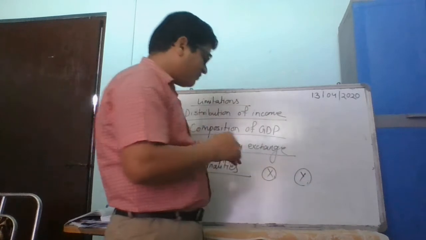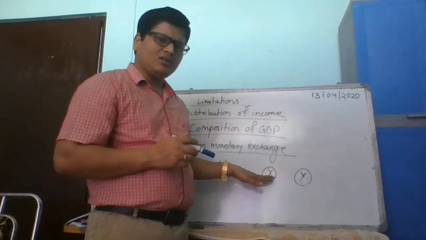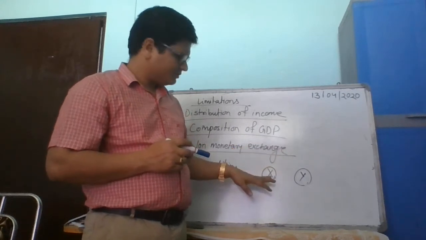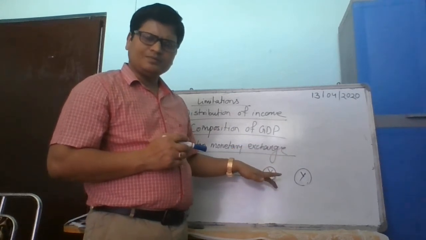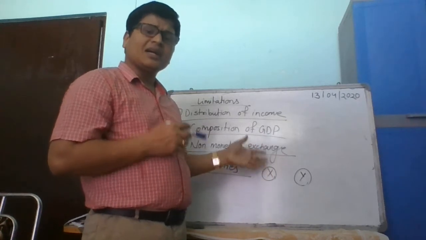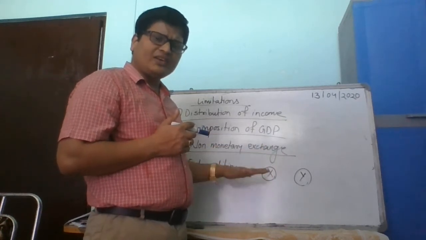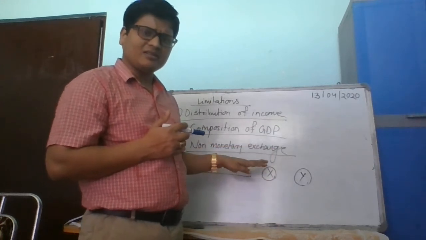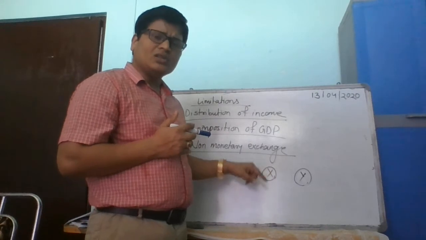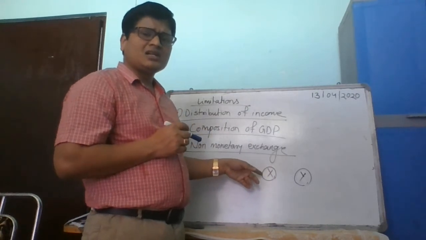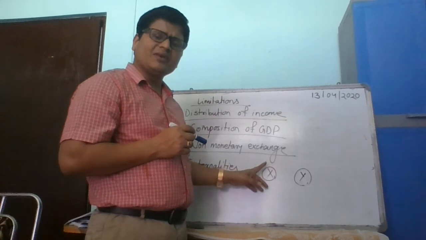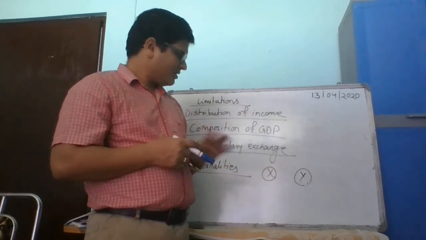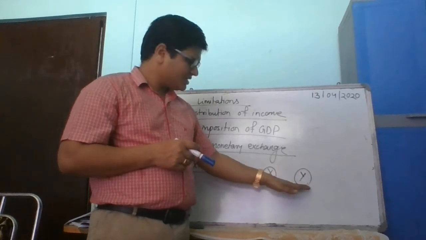Suppose X develops a beautiful flower garden to sell the flowers in the market. His neighbor gets the benefit, enjoying the nature or the scenic beauty of that flower garden, without paying anything. That is called positive externalities. What are negative externalities?